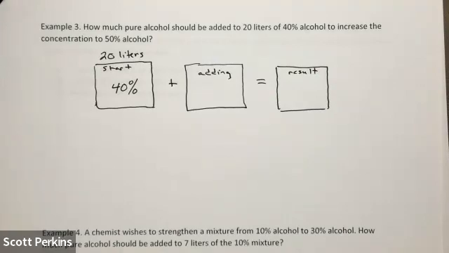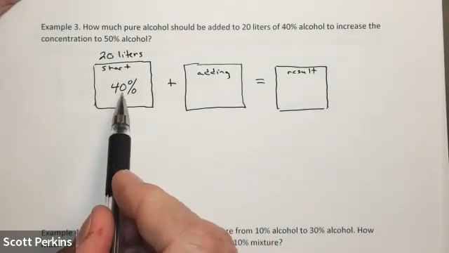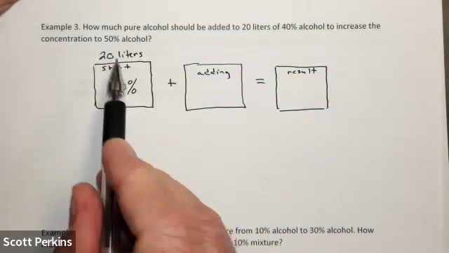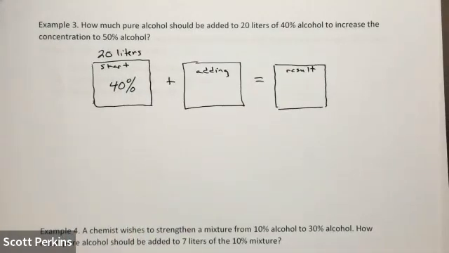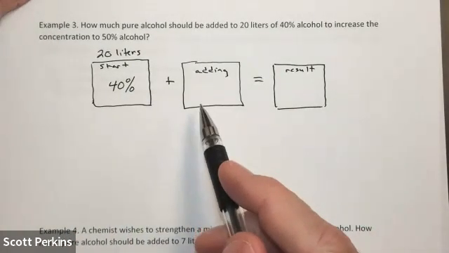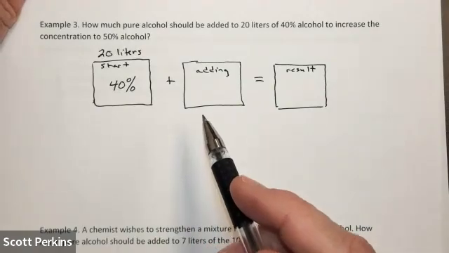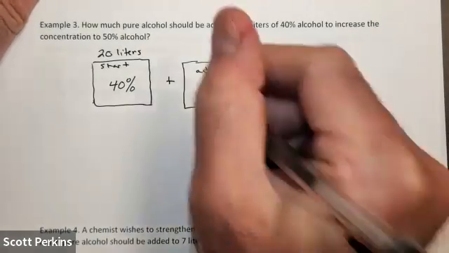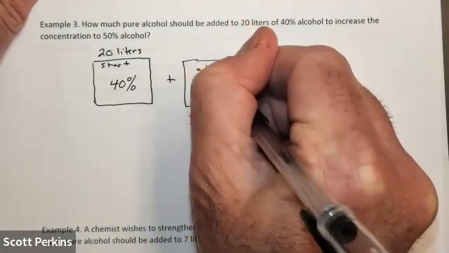All I'm doing right now is I'm just taking the information the problem has given me, and I am just putting it into my picture so that I can do this problem. Okay, so this box represents my 40% alcohol solution that I had 20 liters of. Great. What am I adding to that? Pure alcohol, which is 100%. Okay, so this is a 100% solution.